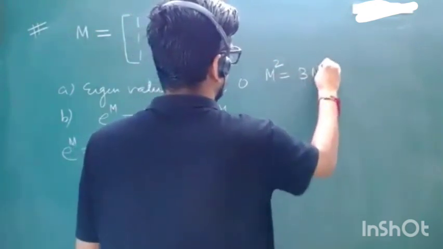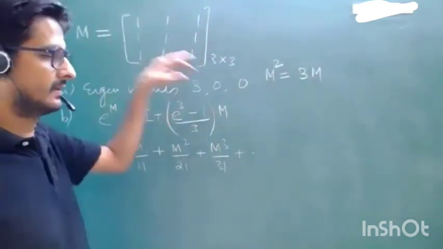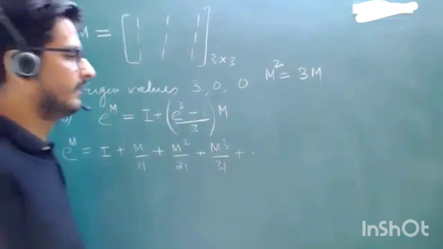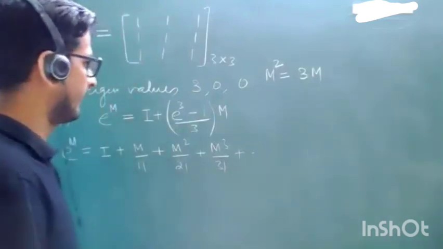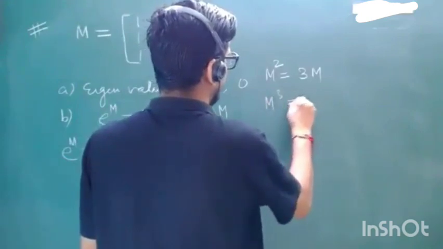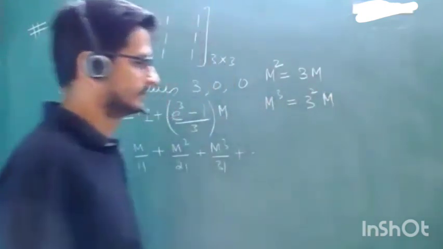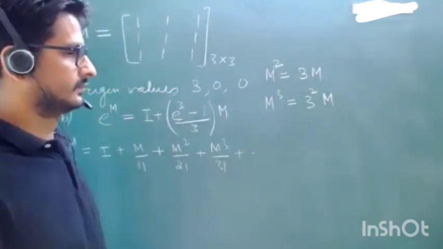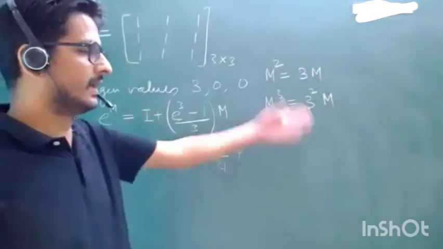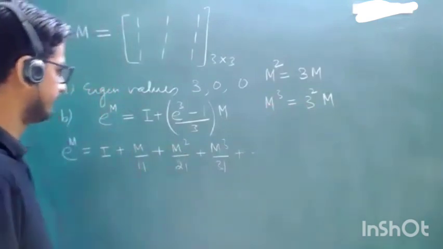Because you know the elements add up, 1 plus 1 plus 1, so 3 will be everywhere, you will take 3 common. And now if you multiply m cube, then what will you get? 3 square m, because m square will again become 3m. Correct?